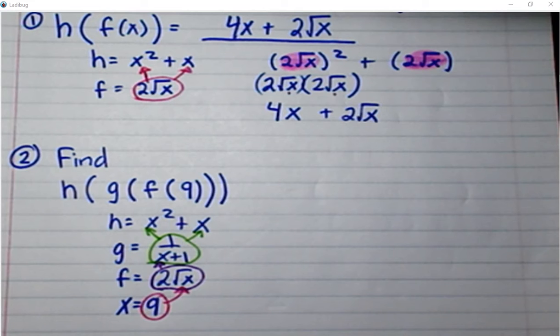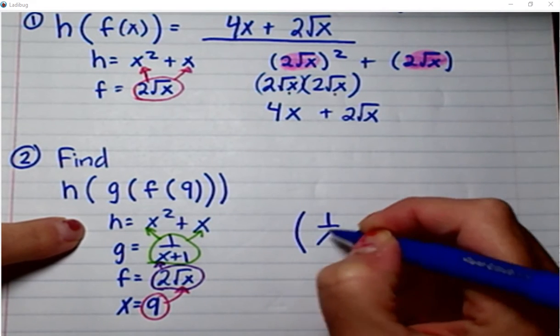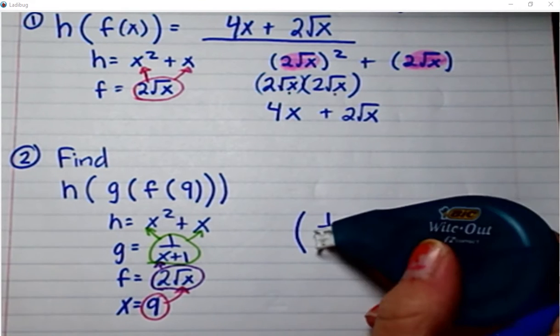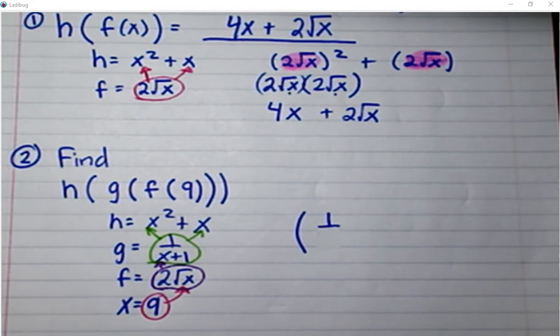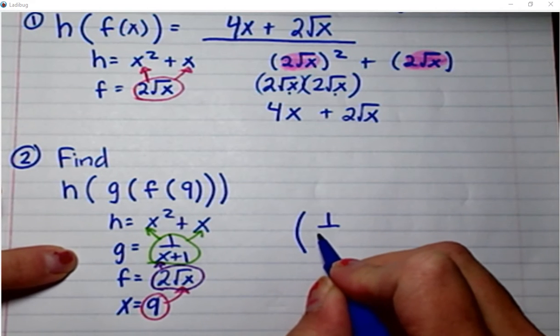Okay. You can kind of do this one step at a time, or you can put it all together. Because this question was asked, I'm going to show it both ways.